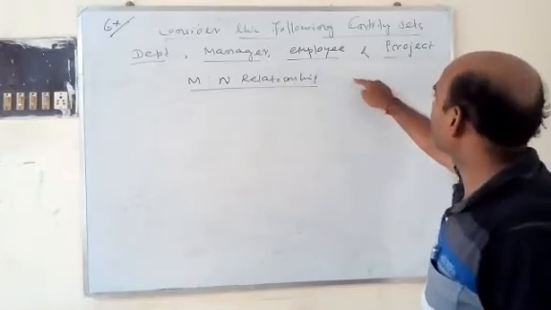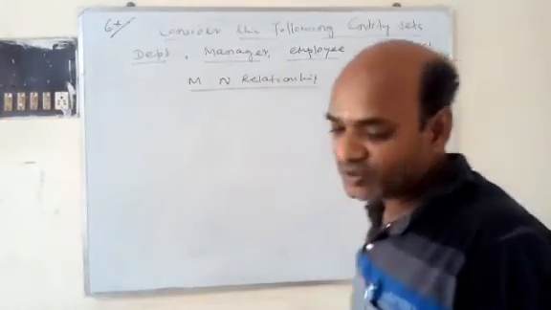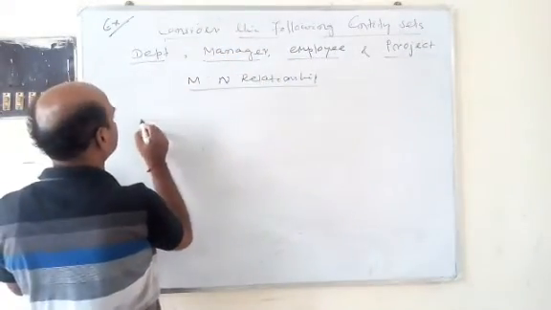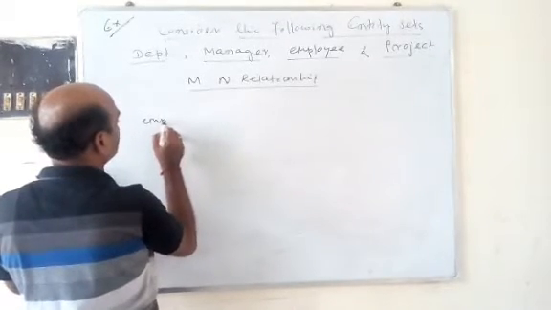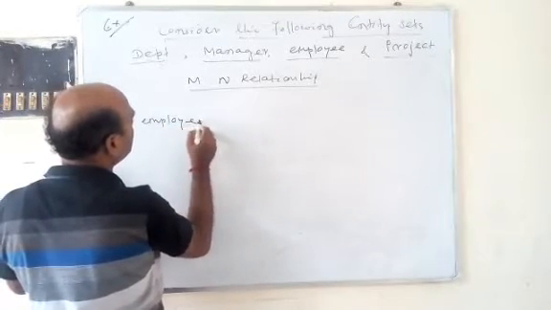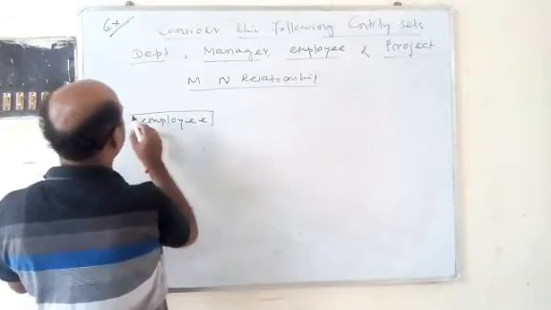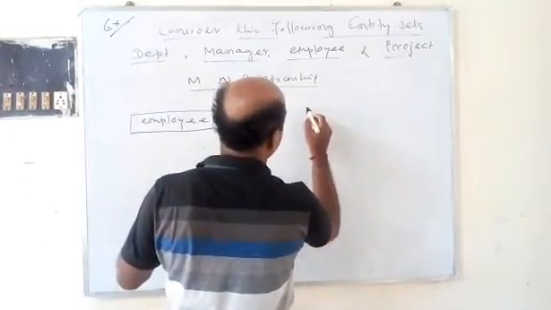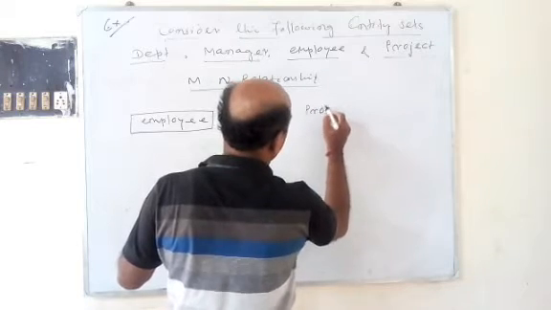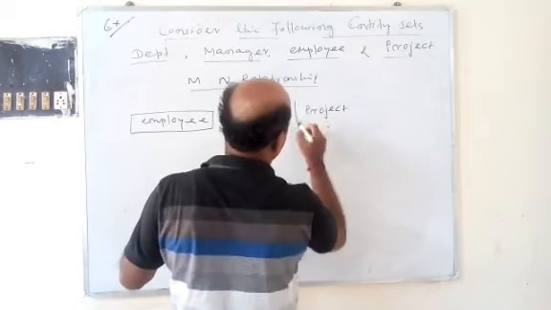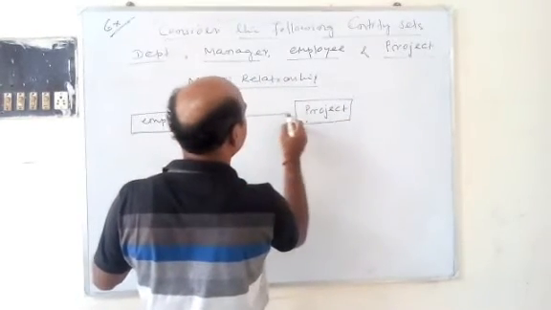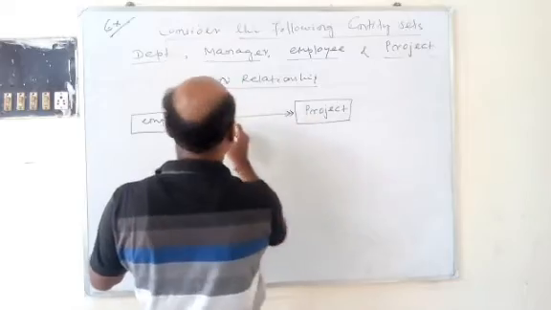So the relationship between employee and project is many to many. This can be represented in this type: employee and project. I can represent it with a many relationship.